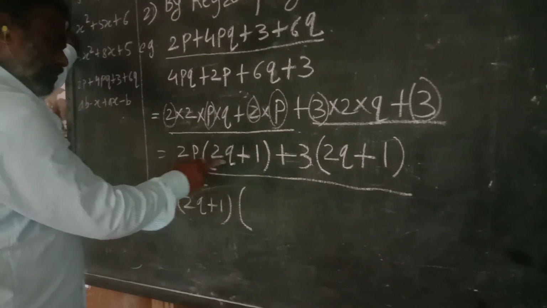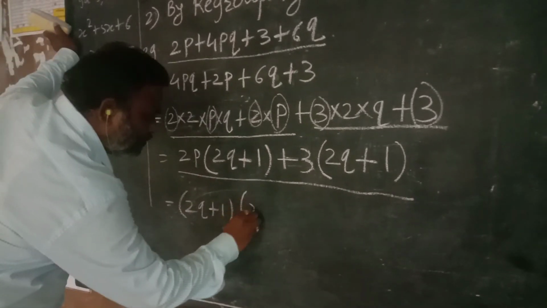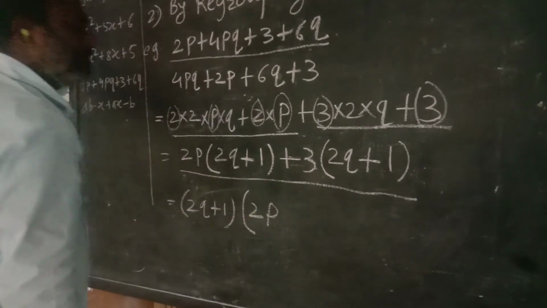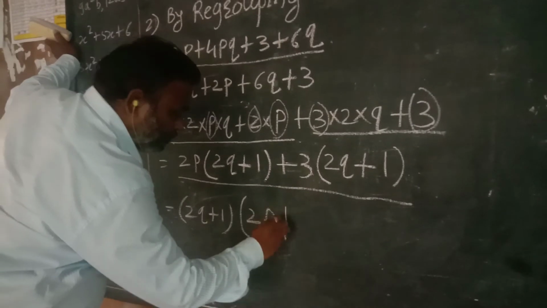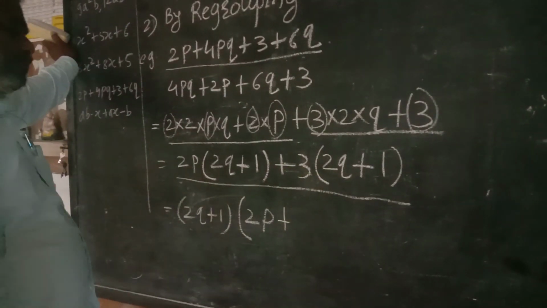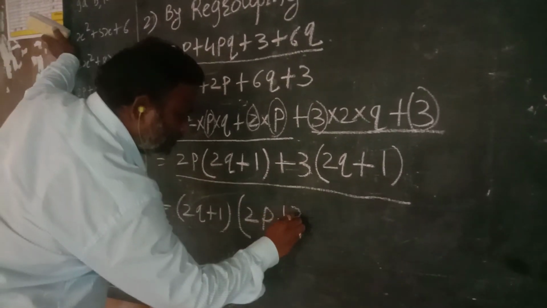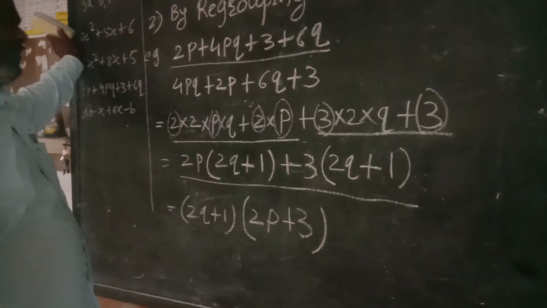Here, after removing 2q plus 1, the balance part is 2p. Hence, we have to put 2p here. The sign we have to put as it is. Here, 2q plus 1 we remove from this place. Then remaining is 3. Simply we have to put 3.